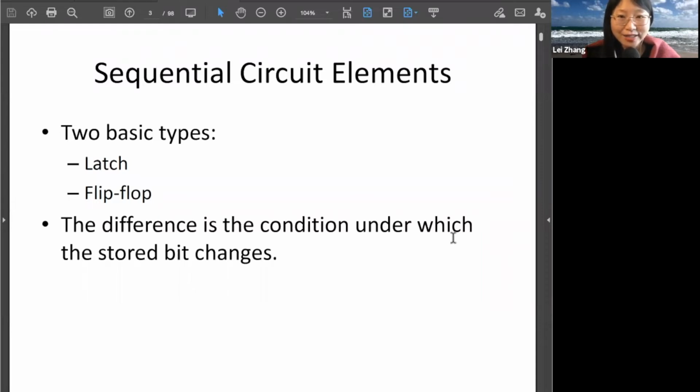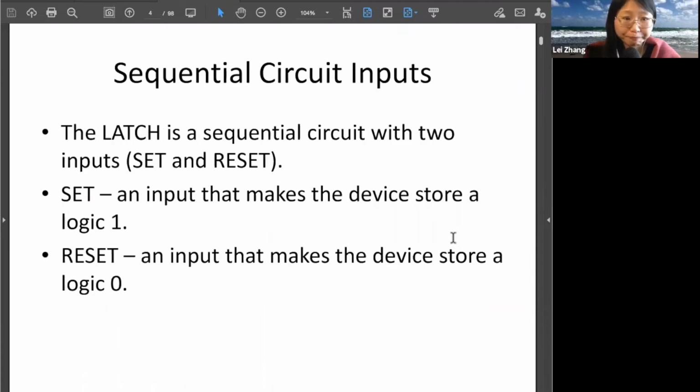A latch is level sensitive, so based on the enable signal or the input, we change the memory of the latch. A flip-flop is based on the clock signal, the rising edge or the falling edge of the clock. We are going to look at the details of these two basic types of memory.